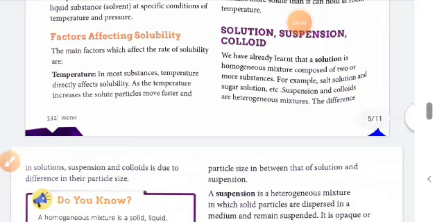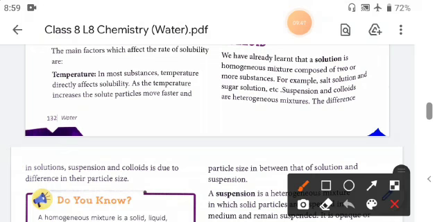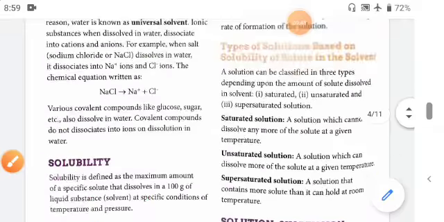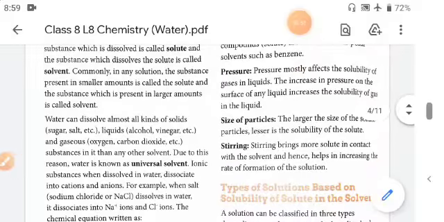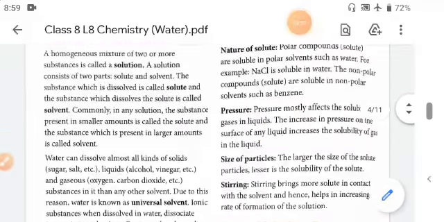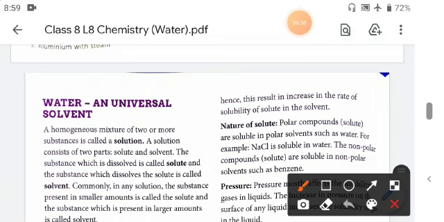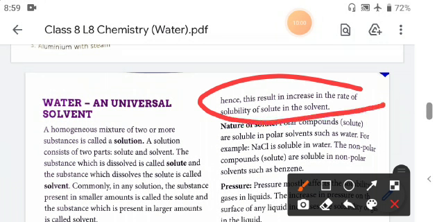As the temperature increases, solute particles move faster, and hence this results in an increase in the rate of solubility of solute in the solvent. That means temperature increases the solubility.